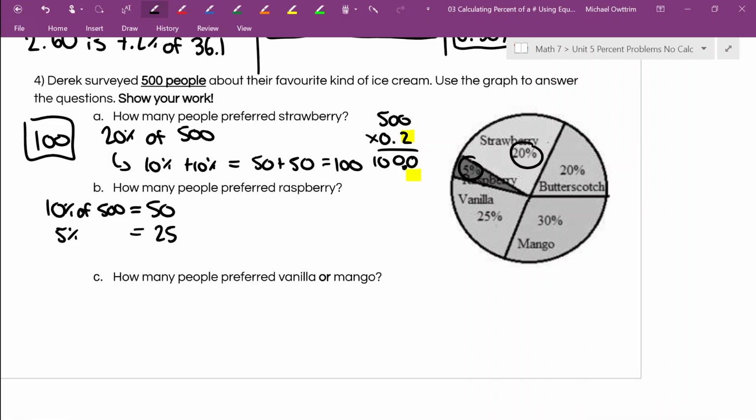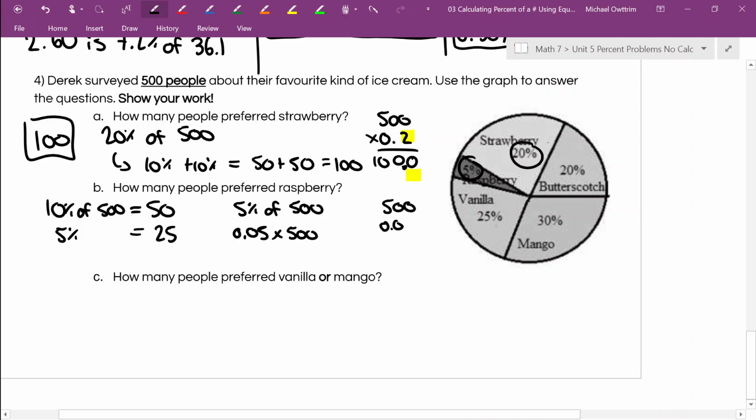We could also do our 5% of 500, 0.05 times 500, and that should give us the same answer. 0.025, 2 digits in decimal places, 25 is our answer either way.